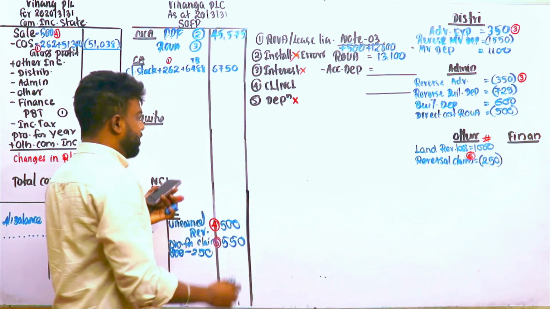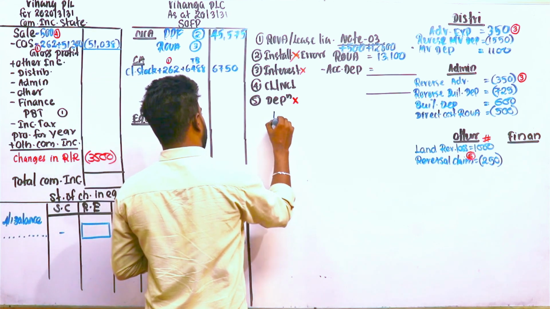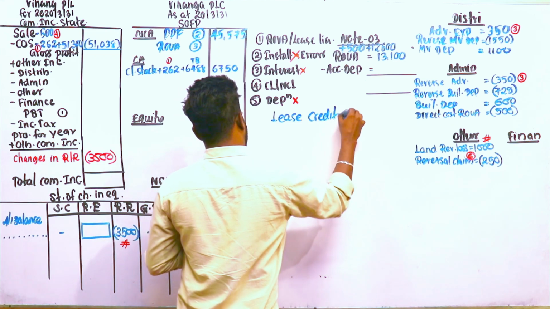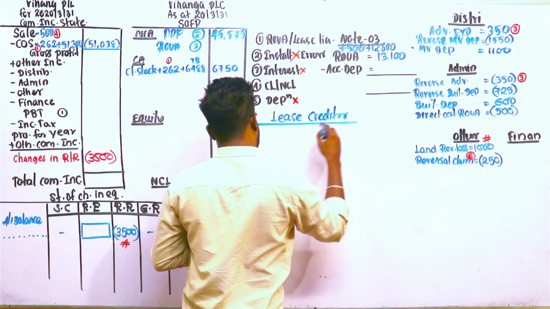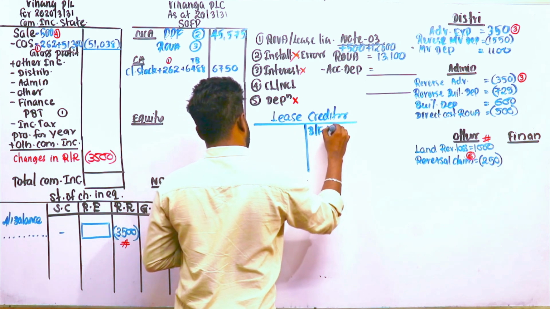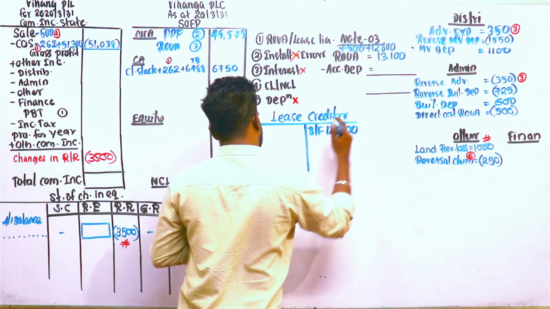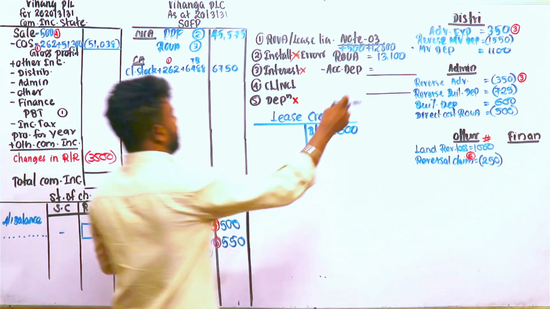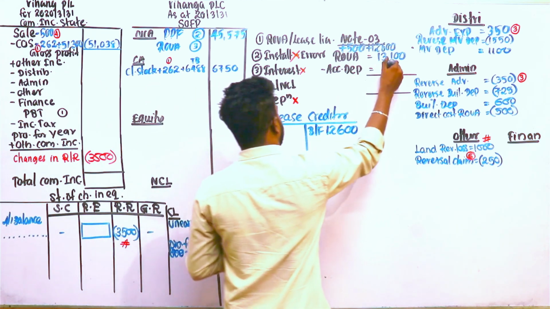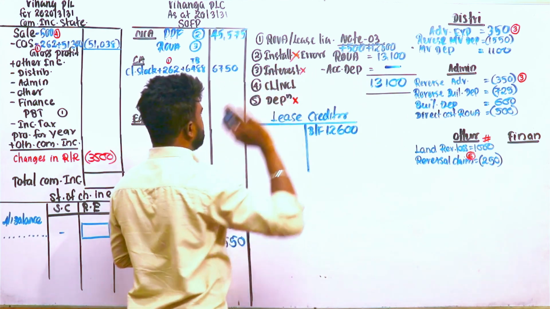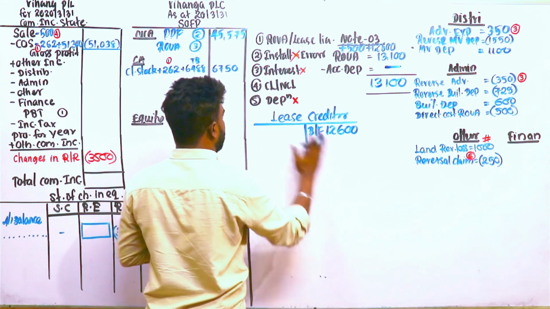Lease liability, take the value 12,600 lease creditor. Yes, take the TB balances, make adjustments, and write down the adjusted value. No depreciations, so the net value is also 13,100. No interest, right? No interest, so no depreciations.